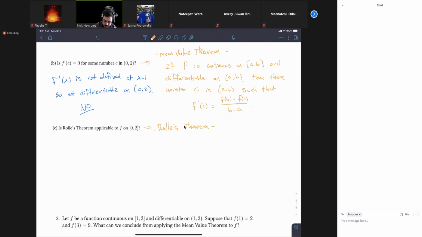So Rolle's theorem starts off exactly the same as the mean value theorem, but also assumes that f of b is equal to f of a. All right. And if that's true, then this numerator is 0, so this whole thing is 0. And so that tells us that there's some c where f prime of c is equal to 0. Right? That's Rolle's theorem.